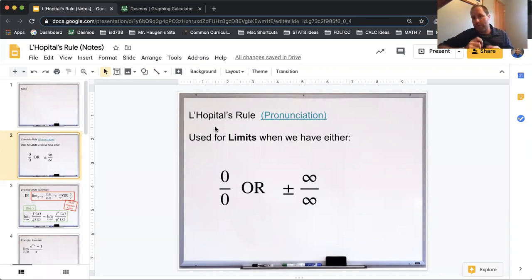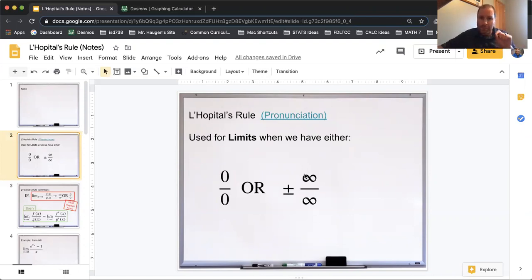But L'Hopital's rule comes into play whenever you're trying to do a limit, that's when a number is approaching some value, and we get something like 0 over 0, or possibly infinity over infinity, and that can be positive or negative, right? And we've dealt with some of this before, way back at the beginning of the year. We did some of these where we had to manipulate the fraction around a little bit and do some extra dividing so that stuff canceled off. But now we'll be able to solve a whole lot more of those things.